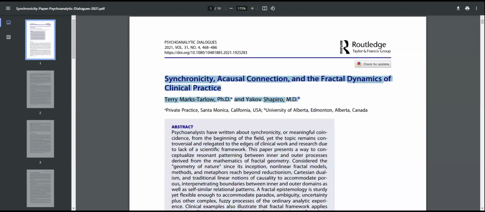This paper offers a fractal epistemology as a framework for modeling complex psychological boundaries between self and other and self and world that display seemingly paradoxical qualities of both separating and uniting these domains.